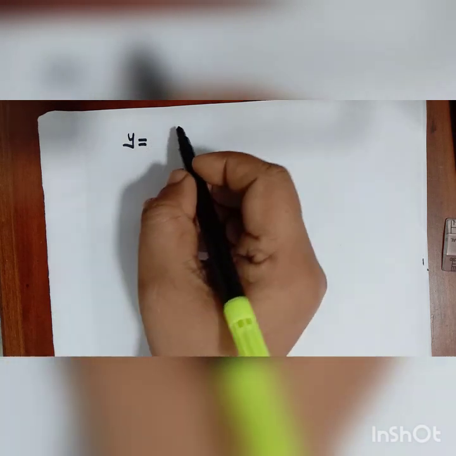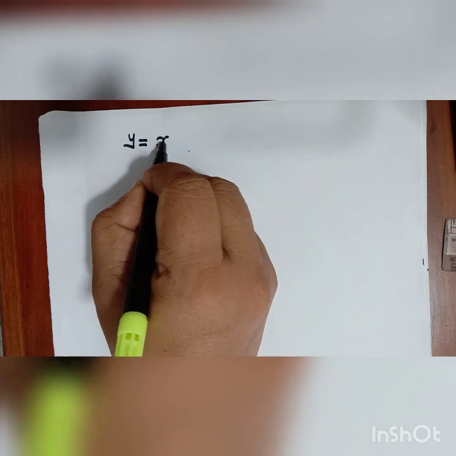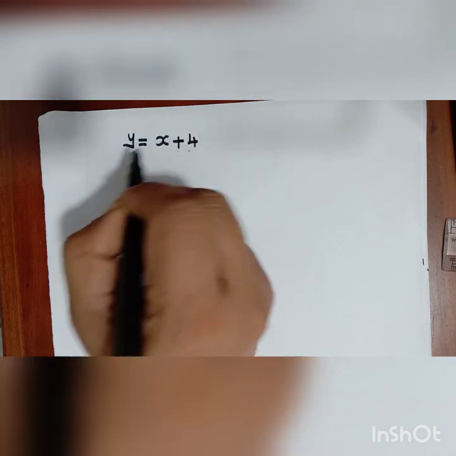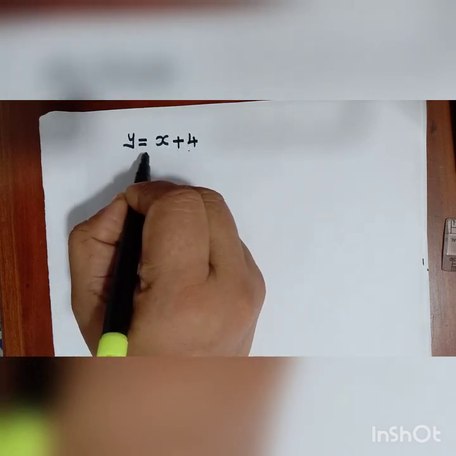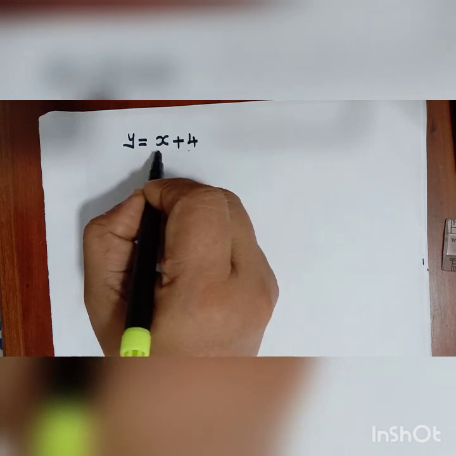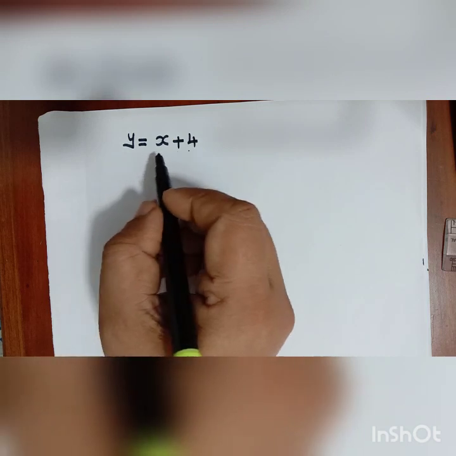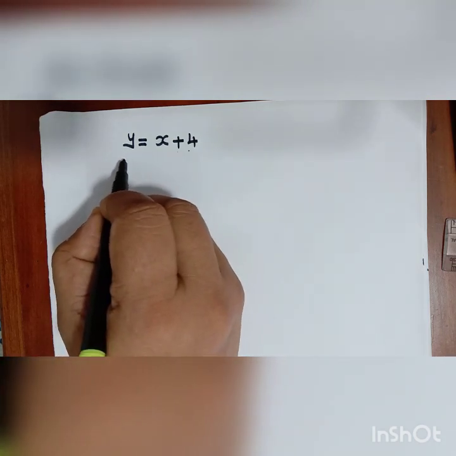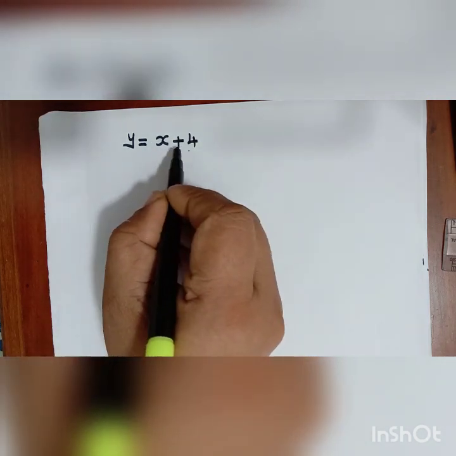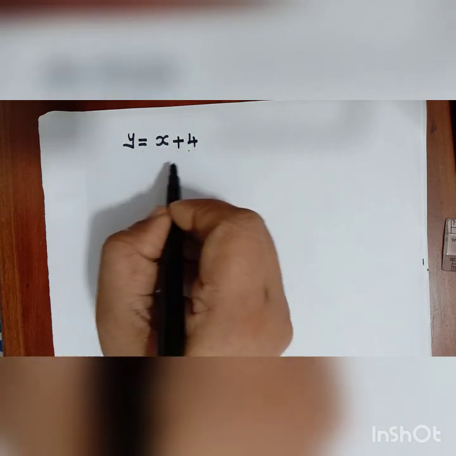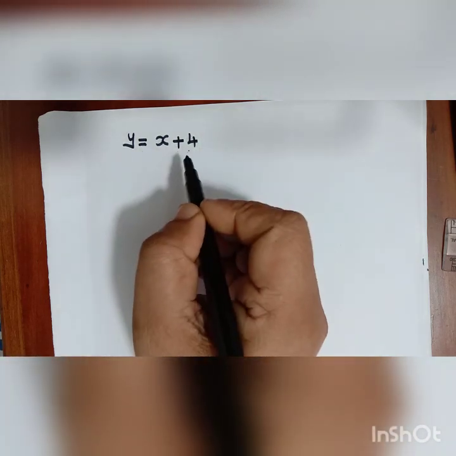Number of boys we have taken as x. So y is equal to x plus 4. Let us rewrite it, it is of the form x plus 4 minus y equal to 0.